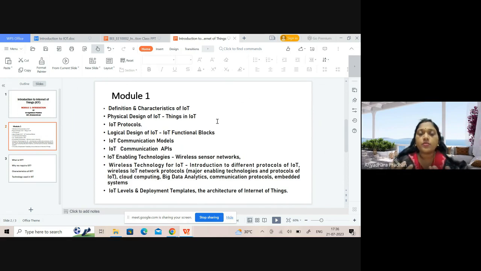We will also learn about cloud computing, big data analytics, communication protocols, embedded systems, IoT levels and deployment templates, and the architecture of Internet of Things. So all these things will be coming in module 1.